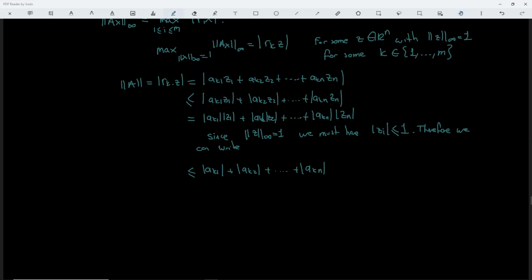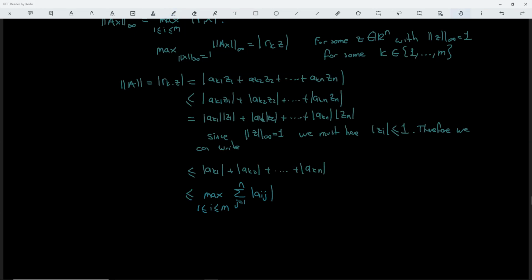And that is also less than or equal to, if I trace all the rows of A, the max over i from 1 to m of the summation j from 1 to n of the absolute value of a_ij. So that sum is less than the maximum value of that sum over these rows.